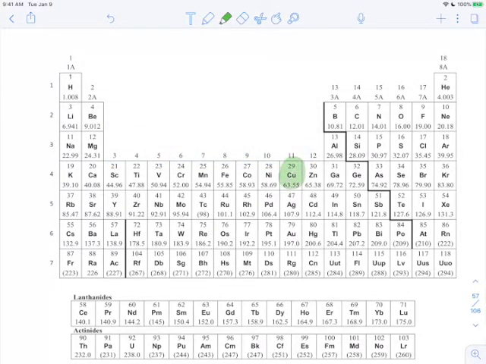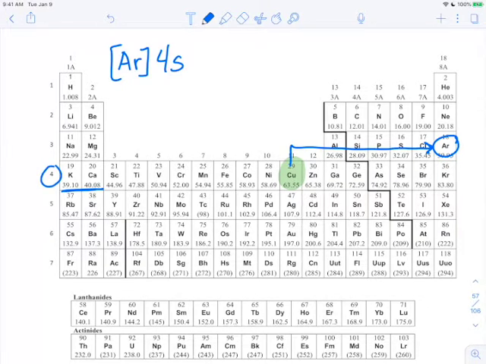All right, so here's the copper that we're looking at. The first thing I'm going to do is take a look at its noble gas core. So I'm going up and all the way to the end, and there it is, it's argon. Then I would come right over here and say we're in the fourth energy level, the S block. And there's two elements here, so that's 2 right here.